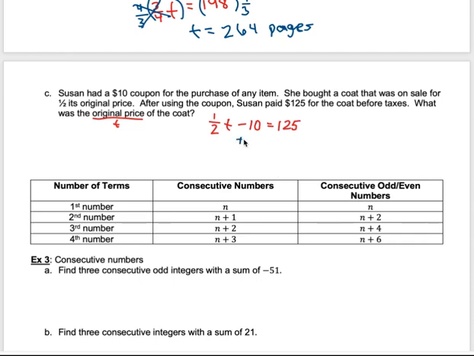I can add $10 to both sides. And I get 1/2 of T equals 135. Now I can multiply by the reciprocal, which is just 2. And I get T equals $270.